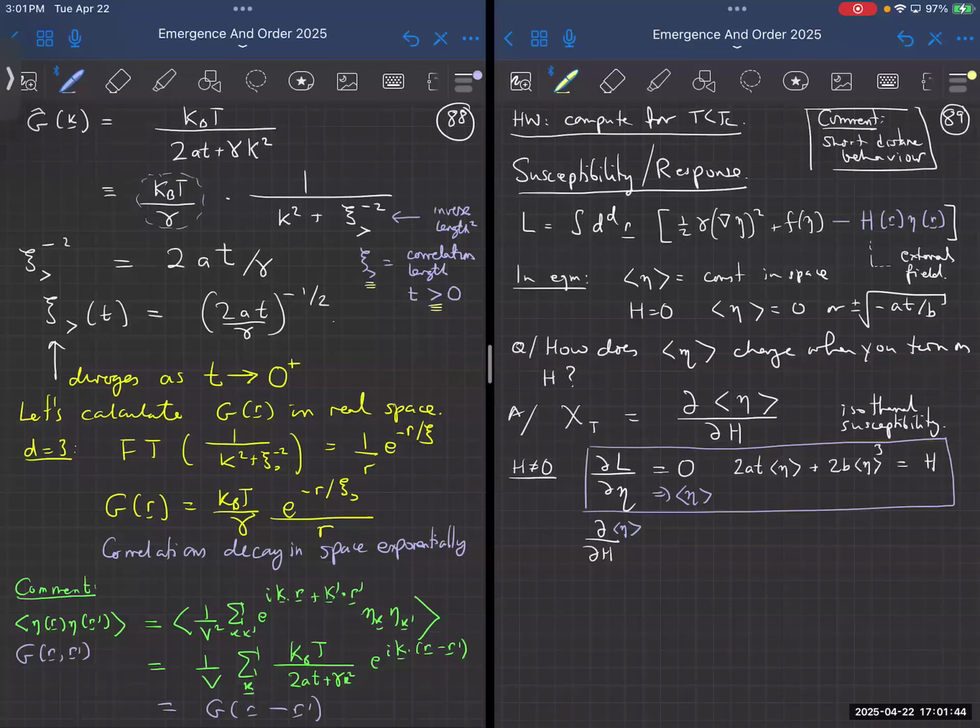So if I differentiate with respect to H, I want to compute this.